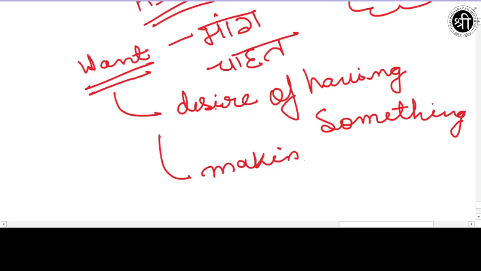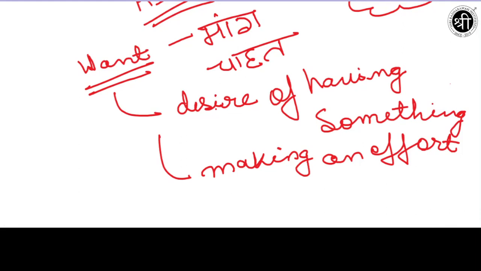So if we consider want, then we need to focus on two things. The first thing is that we must have a desire to have something. Like I have a want for 2 glasses of water, then it is my desire to have 2 glasses of water.